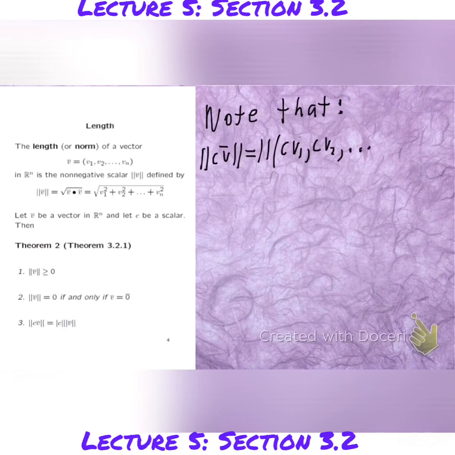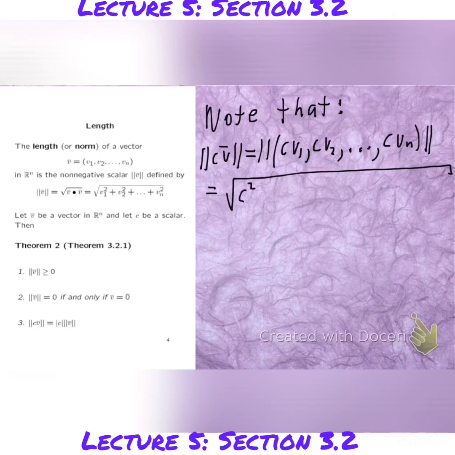And then it's pretty much applying what the norm actually is. So the norm is just the square root of the sum of the squares of the components.